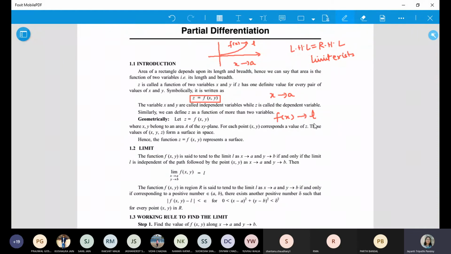Yes or no? What you used to write? Limit x tending to A, f(x) is equal to L. That you used to write, right? Respond please. So when you are saying that limit of f(x) is L, it simply means when your x approaches to A, f(x) should approach to L.